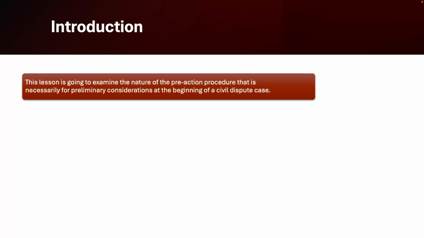And the pre-action protocols, as we will read some of the basic rationales for them in a second, fundamentally adhere to this idea that we have been thinking about throughout these lessons: ultimately, we don't want litigation. Litigation ought to be avoided at all costs by as many means as possible.